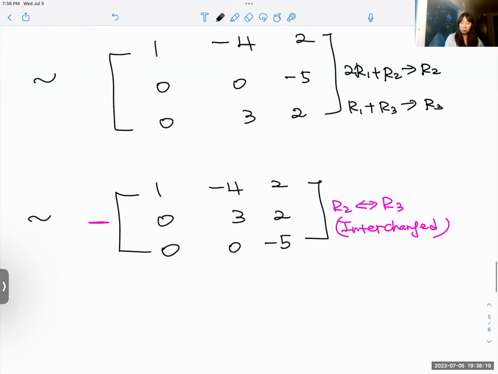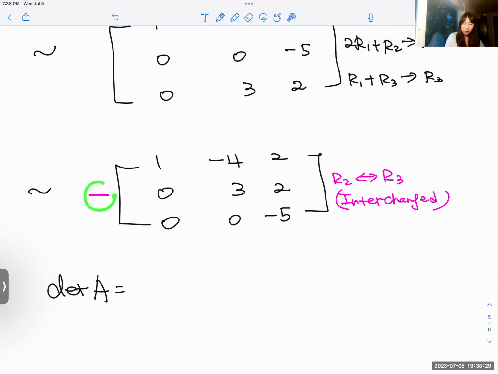Okay, so we are done. This is an upper triangular matrix. So the determinant of A, we count this negative: -1, and then 1, 3, -5.